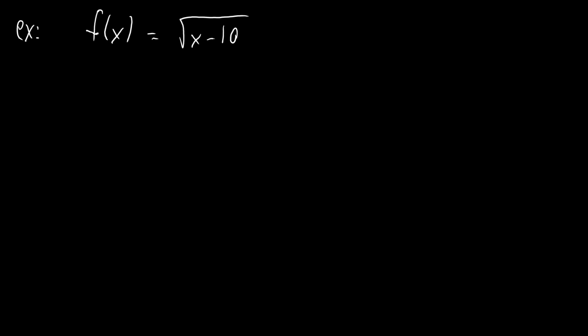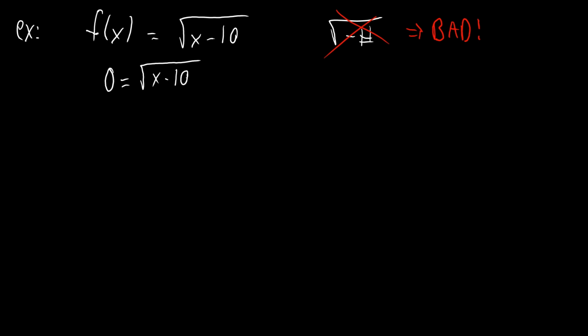Well, for a fact, I know we cannot have a negative square root. This is bad. You don't want this. You want your square root to always be 0 or greater. So I can just set x minus 10 equal to the smallest value that is possible, which is 0, and solve for x.